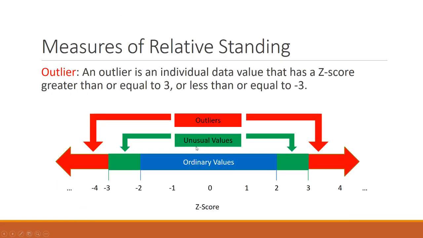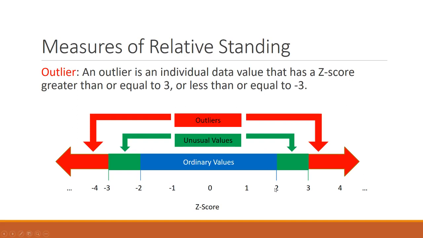Okay, so let's think about this another way. Let's say our Z-score is between -1 and 1. That means that particular data point is a highly likely data point. It's a very entirely ordinary value.